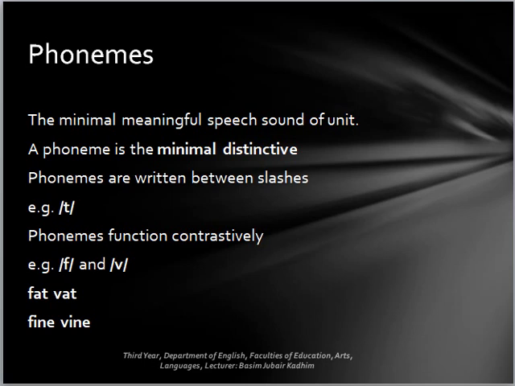For example, we say [t]. It means all the distinctive features that make this sound distinct from other sounds, for example [f], [θ], etc. So it depends on the contrastive features of given phonemes.